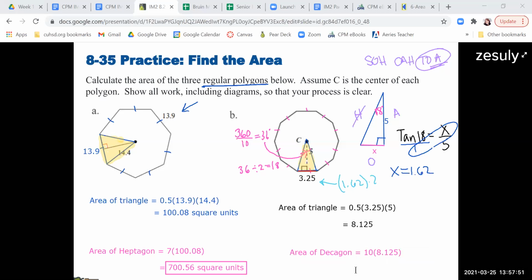That would be a total of 81.25 square units. And we're done.